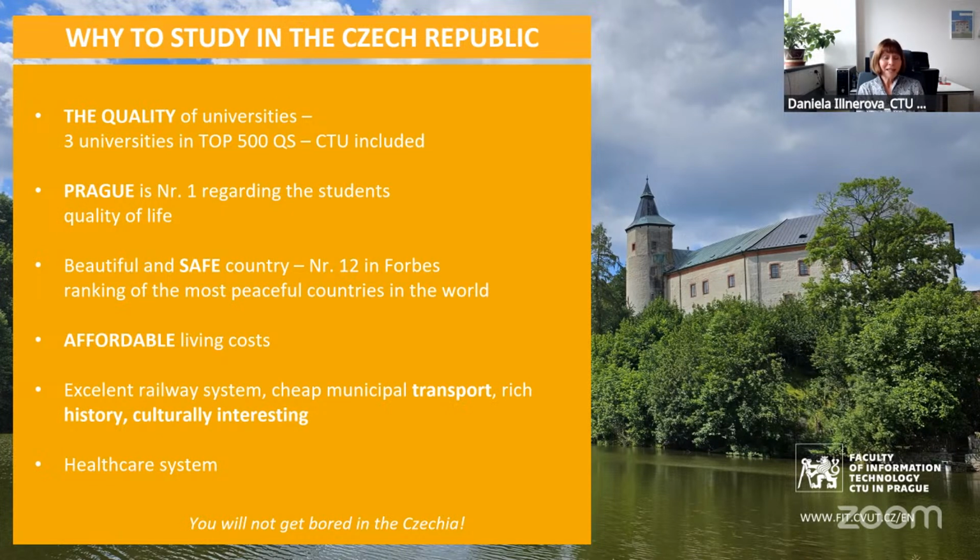So that is regarding quality of teaching, quality of studies. Then, and maybe this is more important for your parents, Prague and the whole Czech Republic is considered and ranked as a very safe country. As you can see in point number 3, we are number 12 in the Forbes ranking as the most peaceful country in the world.